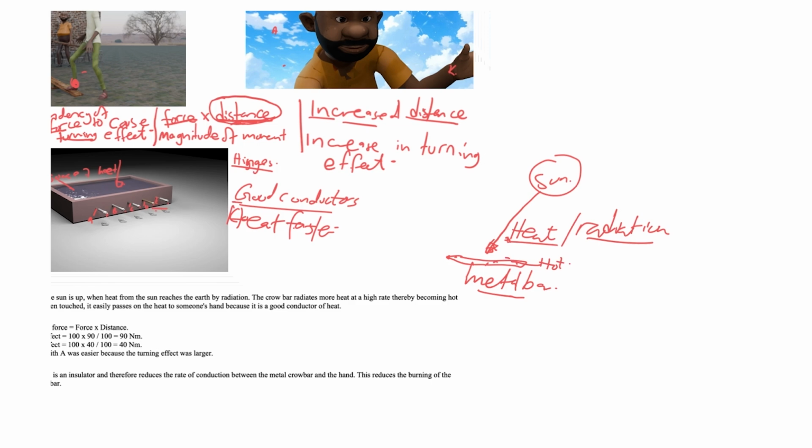Now, when you try to get a thick woolen cloth, we try to cover it. This is woolen cloth. What is the role of this woolen cloth? Does it have the same conductivity of heat as the metal?